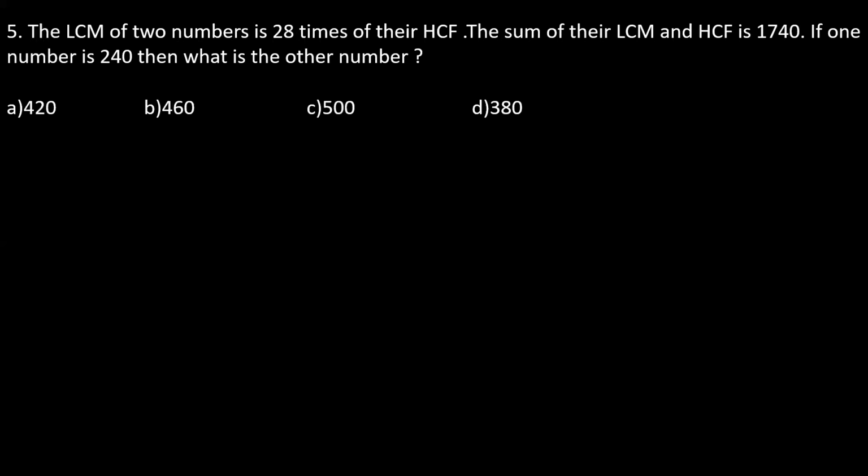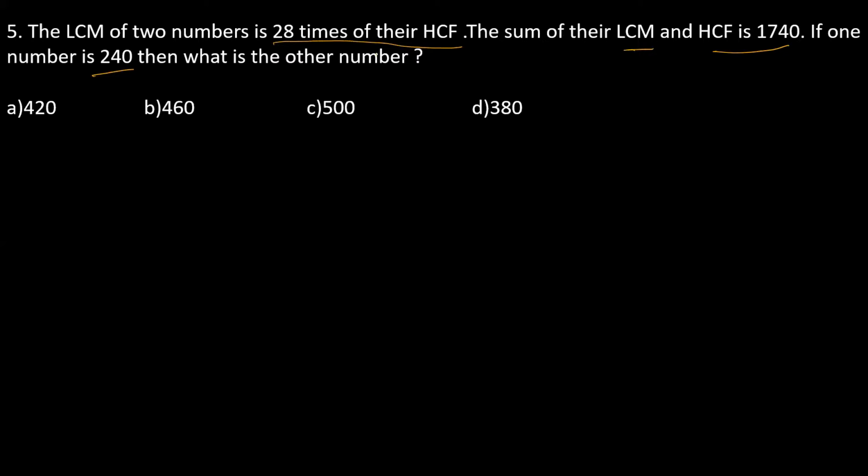The LCM of two numbers is 28 times of their HCF. So we don't know what is the HCF, but the LCM is 28 times of their HCF. The sum of their LCM and HCF is 1740. If one of the number is 240, then what is the other number?